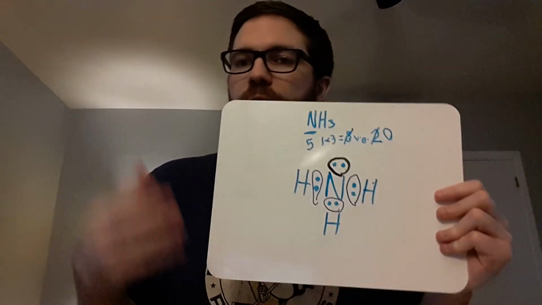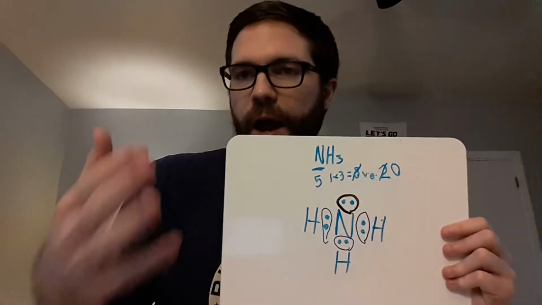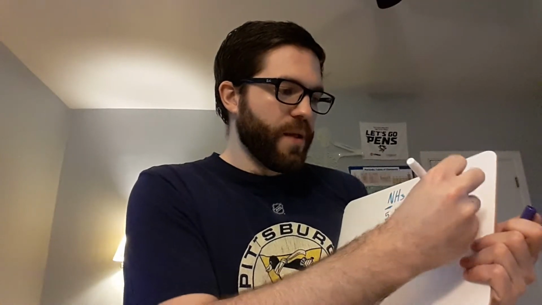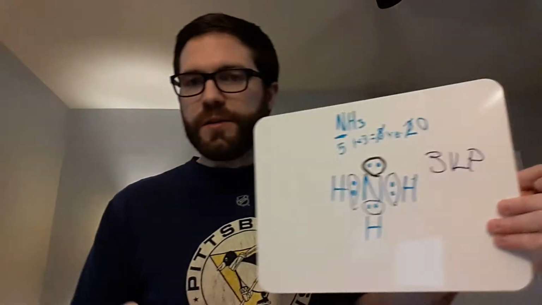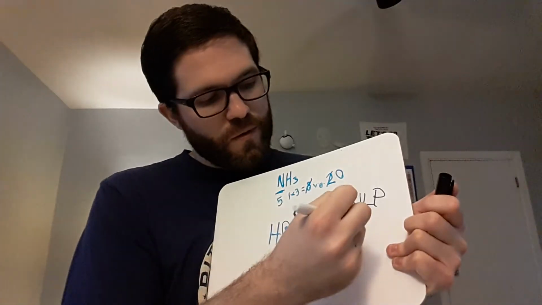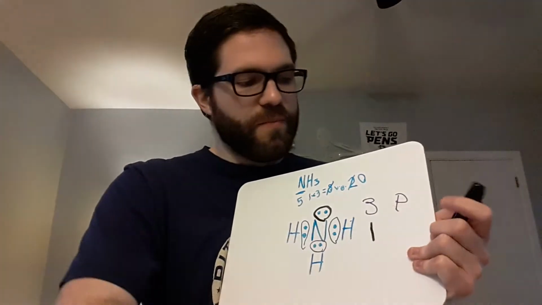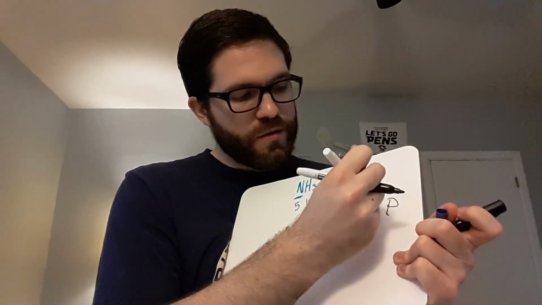And so from that we can figure out the number of electron domains and how this molecule is going to be shaped, okay? So we have 3 LP, 3 lone pairs, right? And we have 1, I'm sorry, that's 3 bonded pairs. My mistake, got all excited.